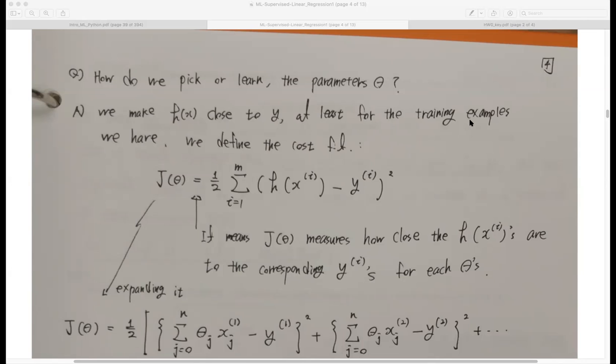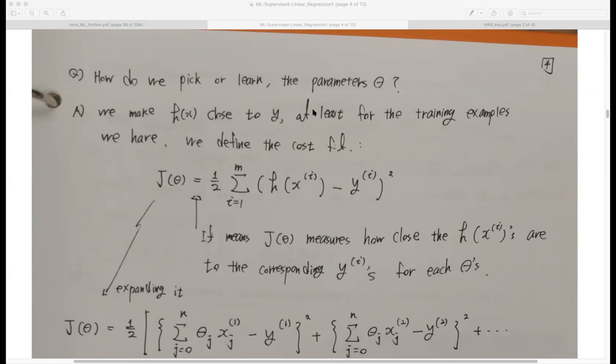So the first step is to determine the parameter theta so that h of x returns a value close to y when you input the examples.